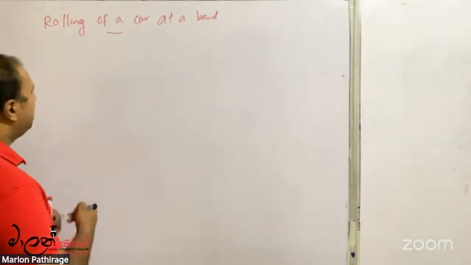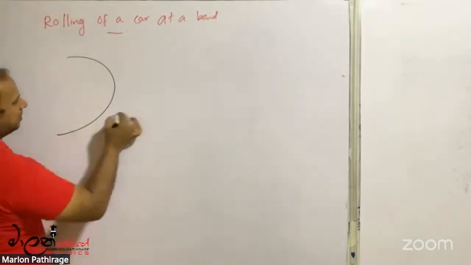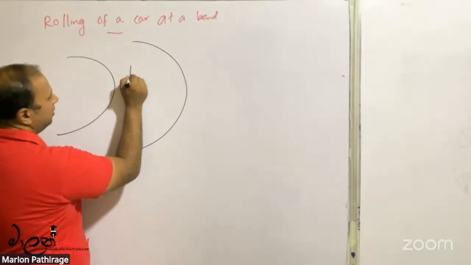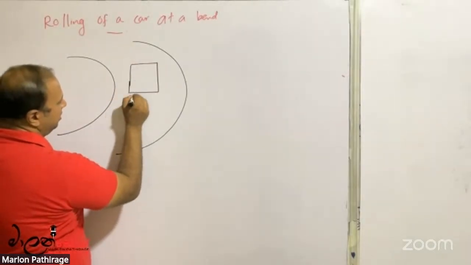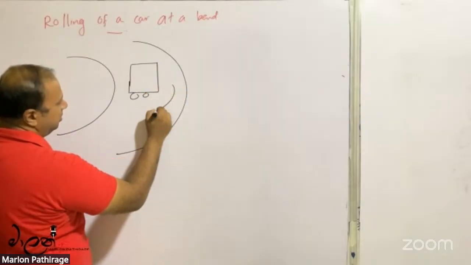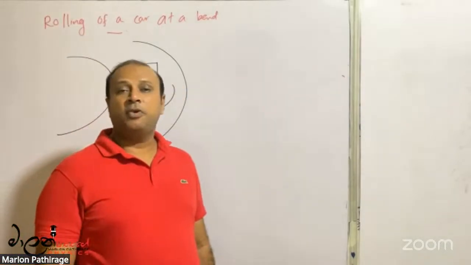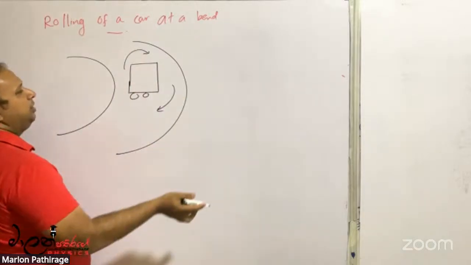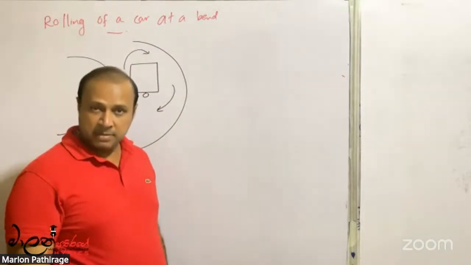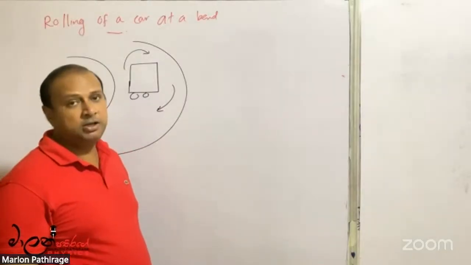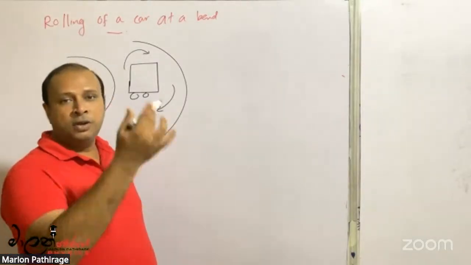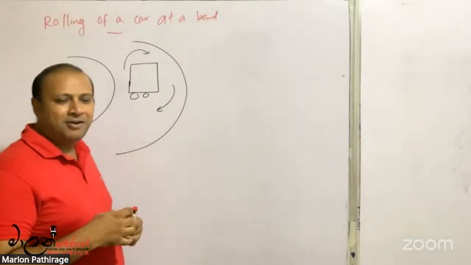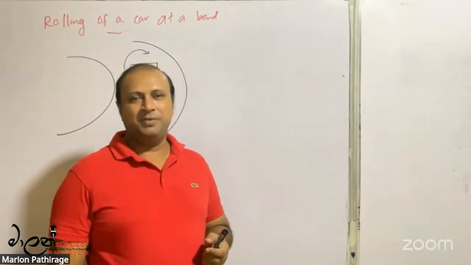That means if we take a bend, there's a possibility of rolling of the car into the outward direction of the bend. So we are going to study this scenario.